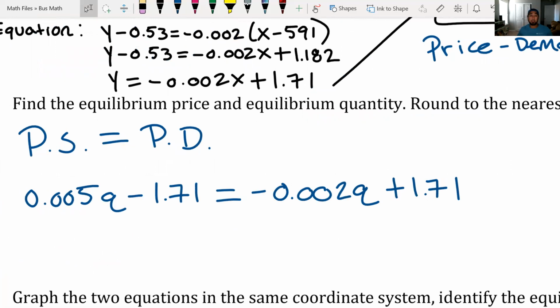And all we have to do now is solve for Q. So add the 1.71 over, and then add this over.